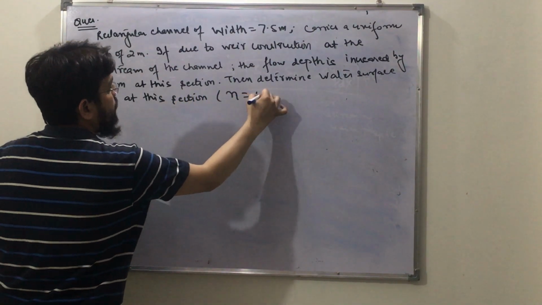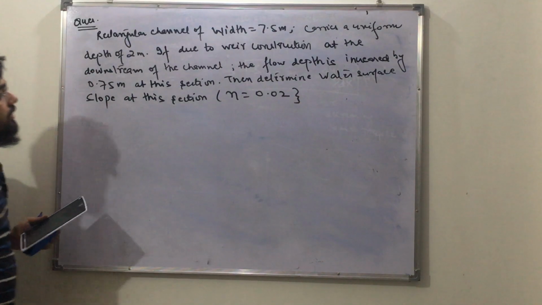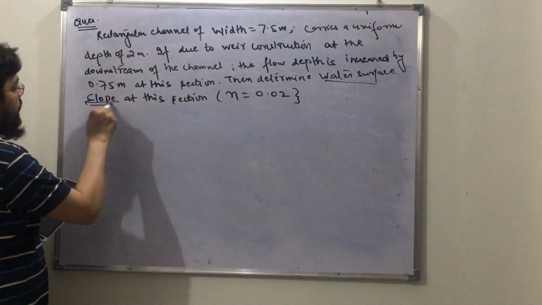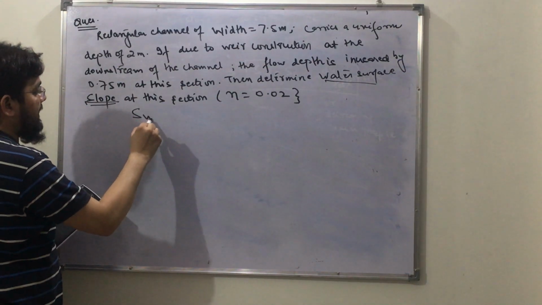It is given that the Manning coefficient is 0.02. So what we have to determine? We have to determine the water surface slope. Water surface slope means it is asking about SW.